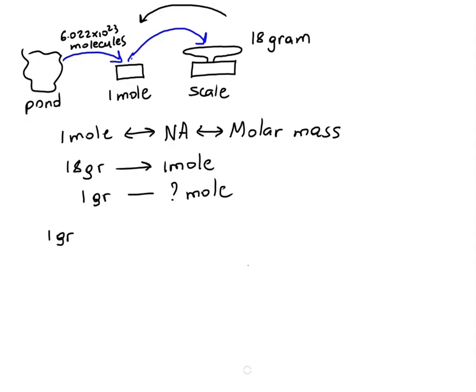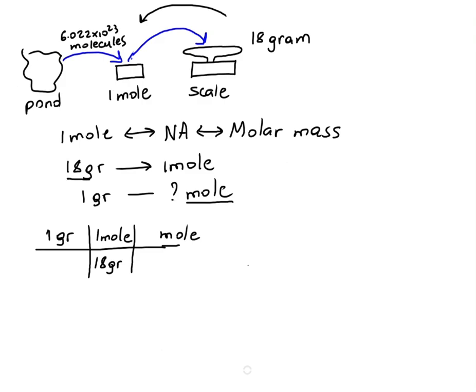You write how much is given to you, 1 gram, and then you've probably seen this, you draw it like that. So 1 gram, and now the question is, what to put next? You need to put it in a way that your final unit should be in moles. So somewhere here you should end up with moles. Right now you're starting from gram. So that's why in the middle you write 18 gram, just write G, per 1 mole.